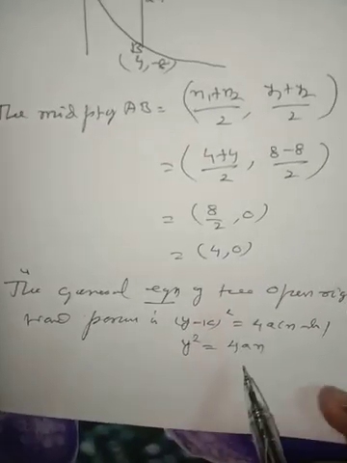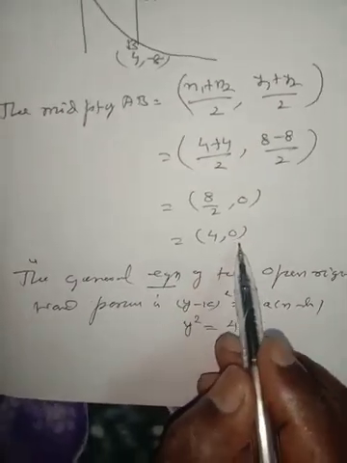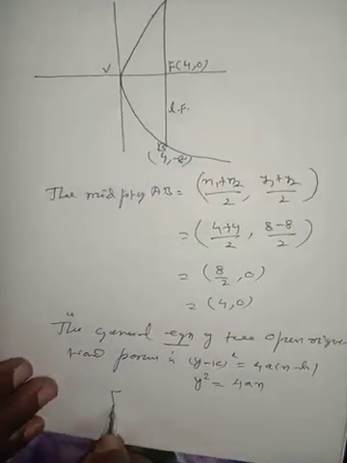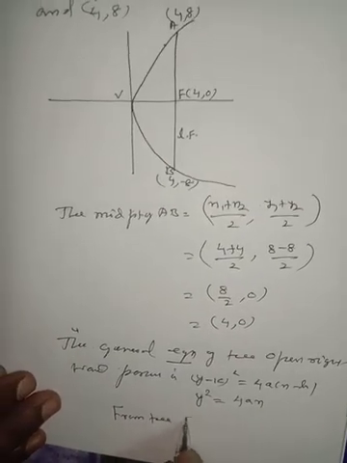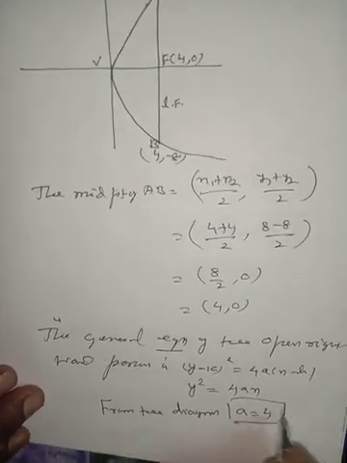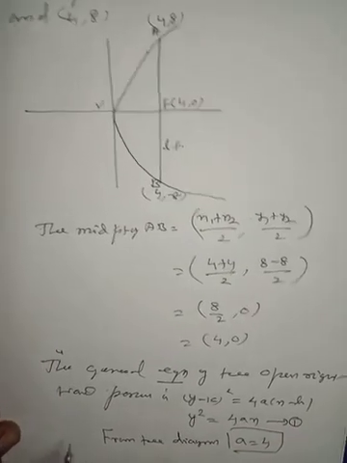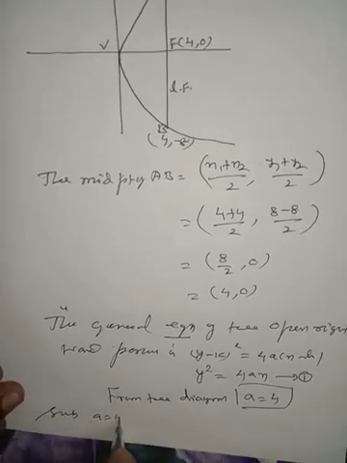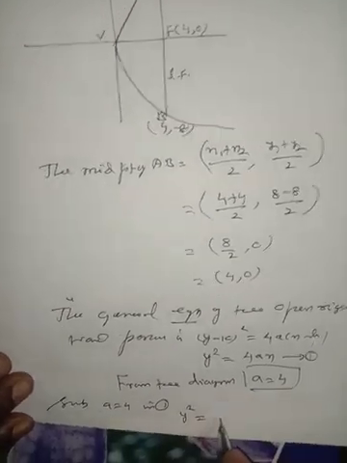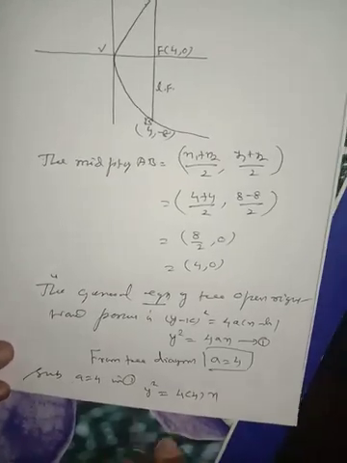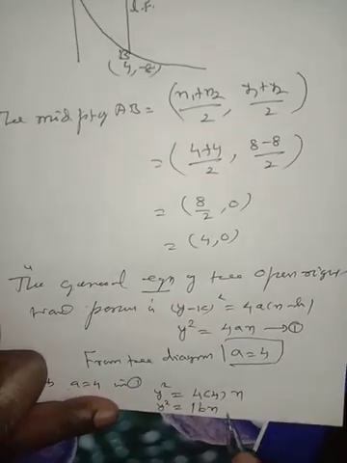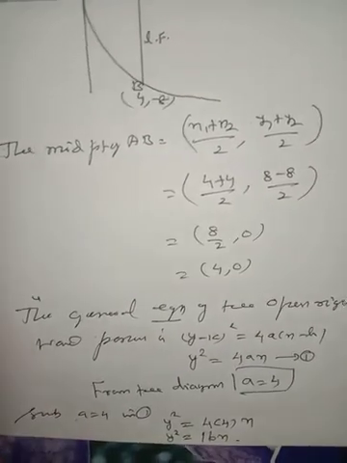Substitute the focus point 4 comma 0. The distance between vertex and focus is a, therefore from the diagram a is equal to 4. Substitute a is equal to 4 in equation number 1. Y square is equal to 4 into 4 into x, y square is equal to 16x. This is the required equation of the parabola.